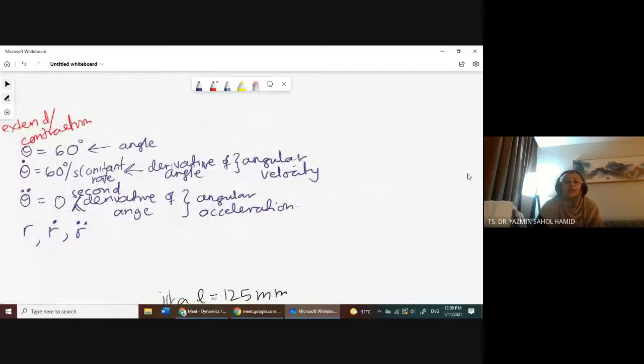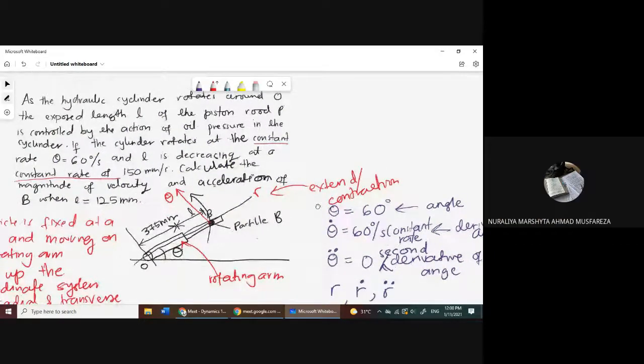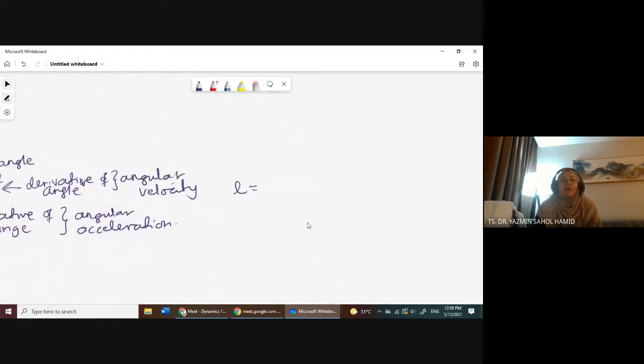Is it increasing or decreasing? Decreasing. So when the length is decreasing at a constant rate, we will have a negative: negative 150 millimeter per second.